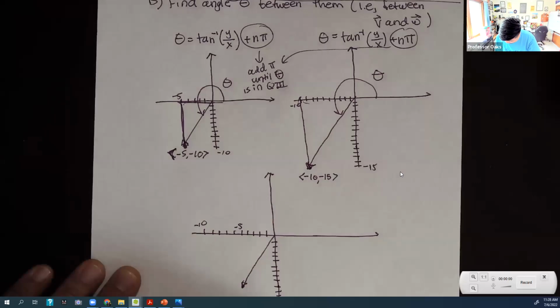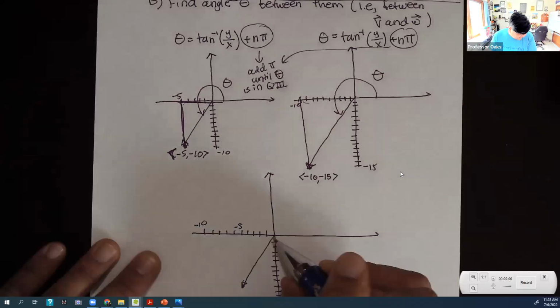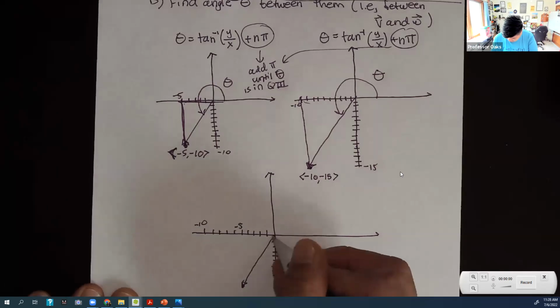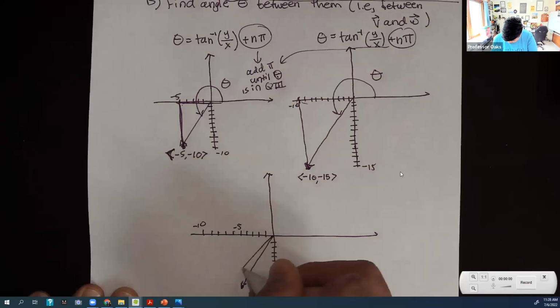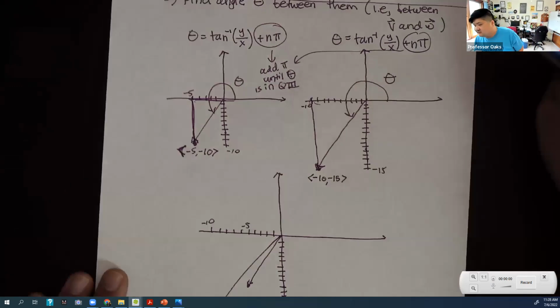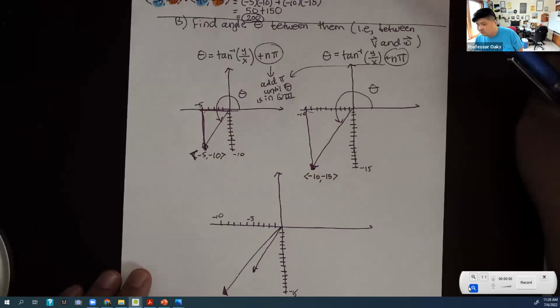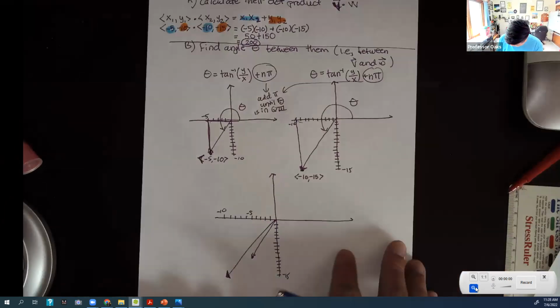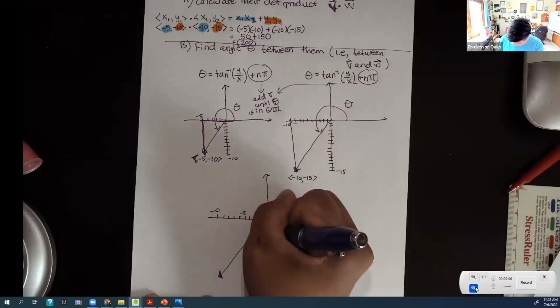And it looks like, do you see that the actual angle between them is very, very small? So this right here is the angle between them.